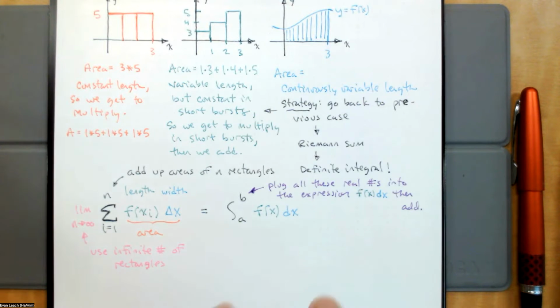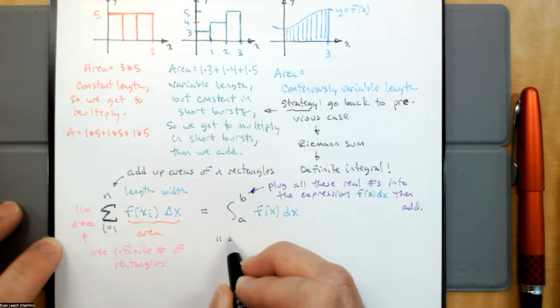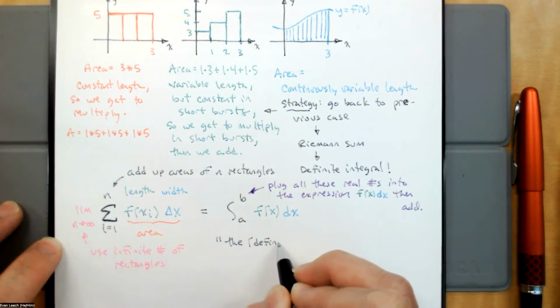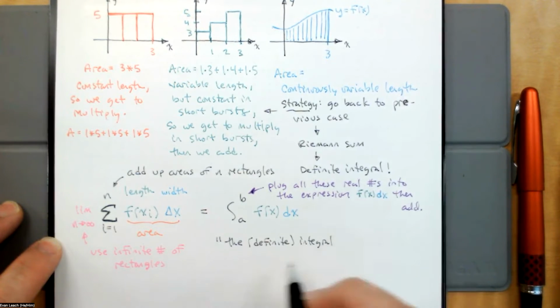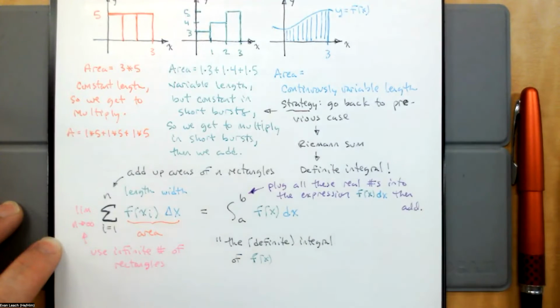Anyway, so this expression here we would say is the definite integral of f of x dx from a to b. That's how we would read this symbol. The definite integral of f of x dx from a to b.